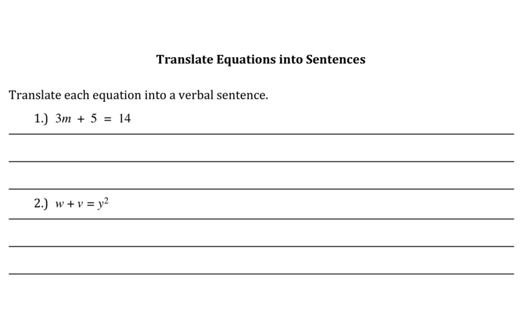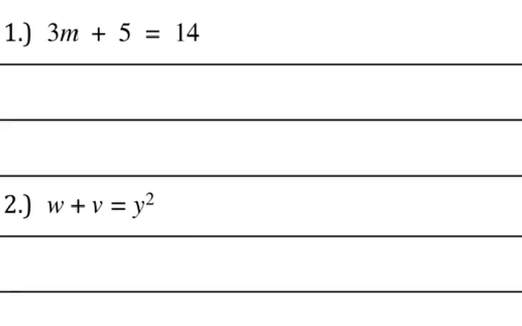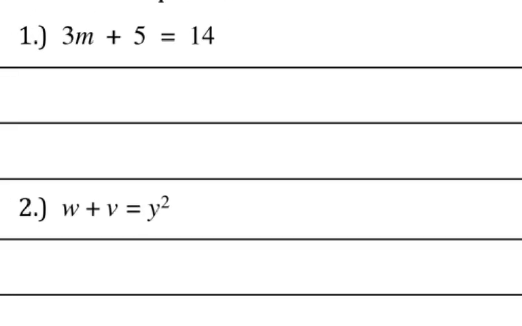Translate equations into sentences. So you're told to take each equation and turn it into something with words. I'm going to move this page up and pinch to zoom so that my handwriting is more clear. So, you could get fancy here, so let's use the word product.